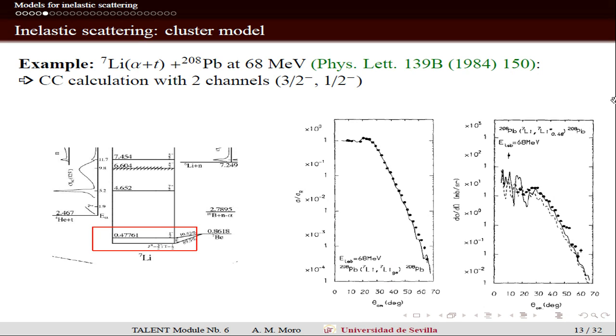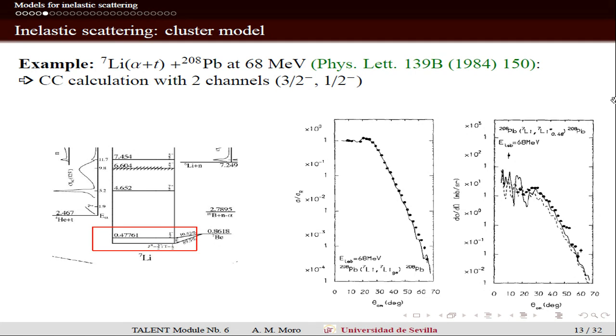But of course, if we have a reaction like this at 68 MeV, we have a lot of kinetic energy to populate higher states. So very likely in this reaction, in the spectrum, you will also obtain some yield, some cross-section, for the population of states which are above this threshold. These states are in the continuum.